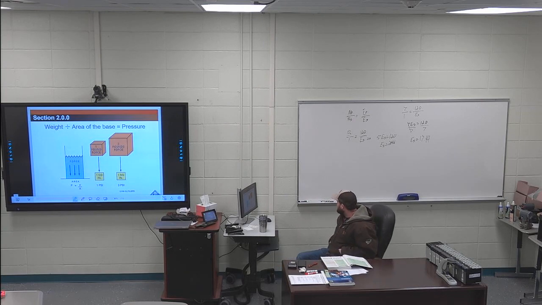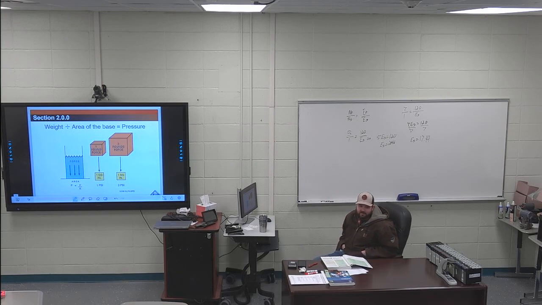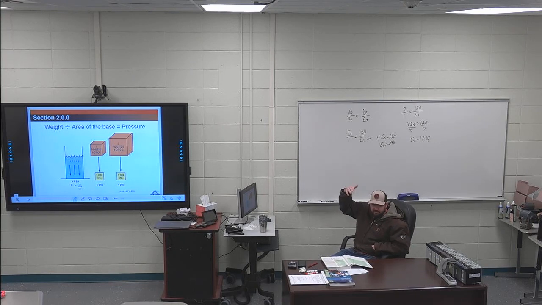The equation right after the next paragraph is also highlighted. PSIA, which is absolute pressure, is equal to gauge pressure plus atmospheric pressure. If I pulled out my tire gauge to go put air in my tire outside, remember it's not connected to anything, it's reading 0, right? But that's gauge pressure. It's taking into account that there's already a pressure pushing down on us.